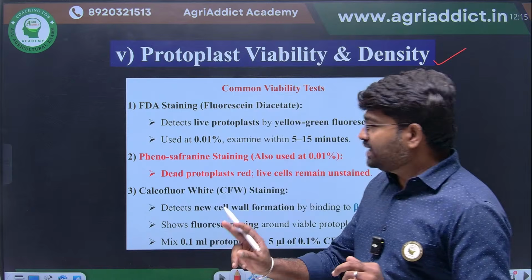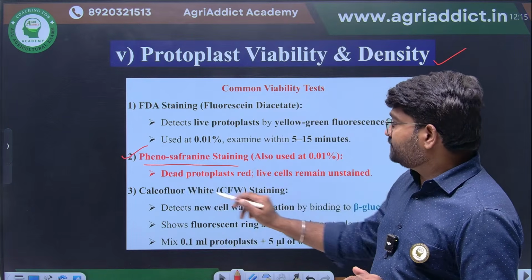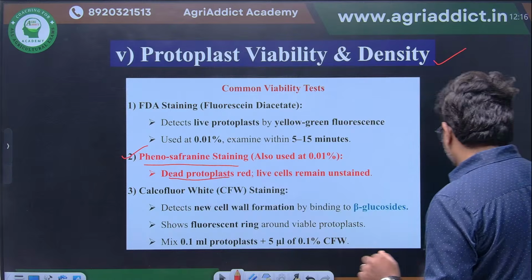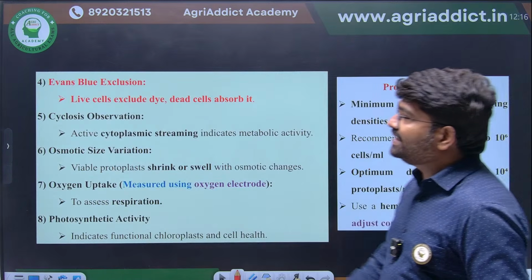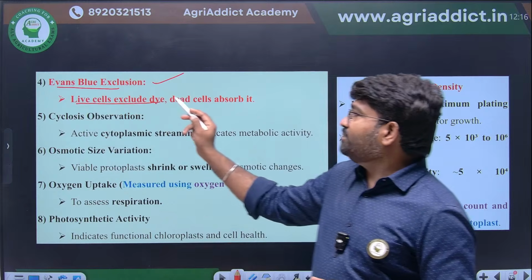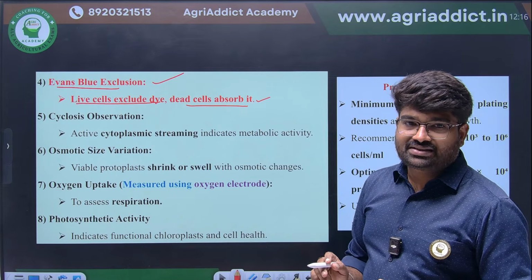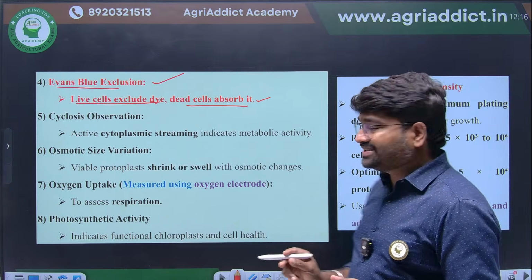There are two. One is phenosafranine, which stains only dead protoplasts. Another most important one is Evans blue, an exclusion dye: live cells exclude it and only dead cells absorb it. So these are the different staining techniques.